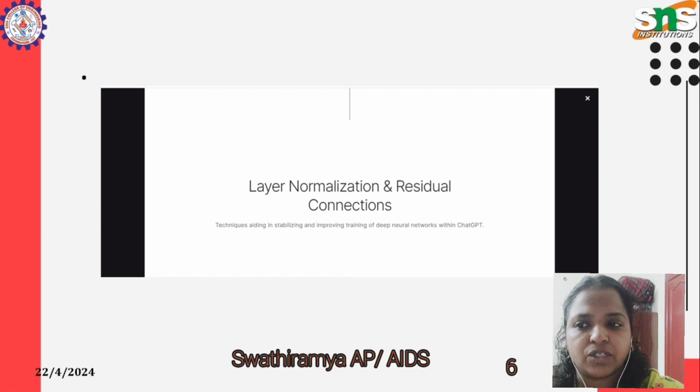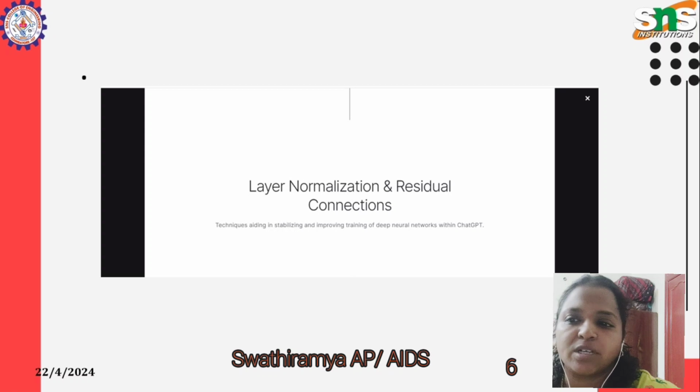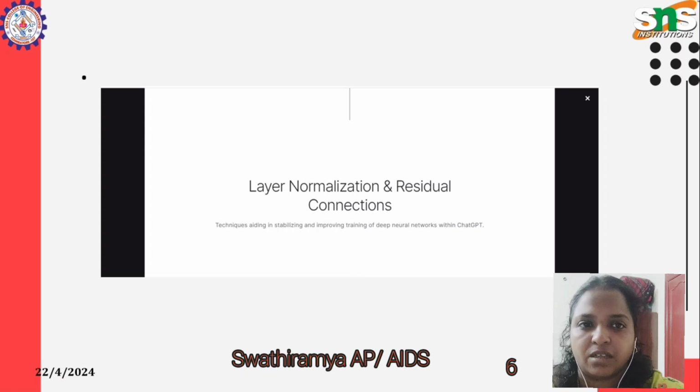Layer normalization normalizes the activation of each layer and helps to mitigate issues such as vanishing or exploding gradients during training. That is the main aim of layer normalization.